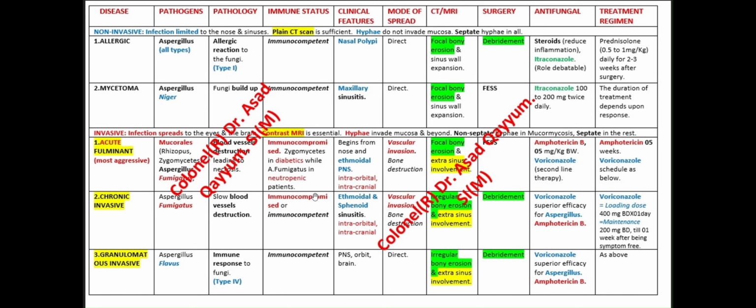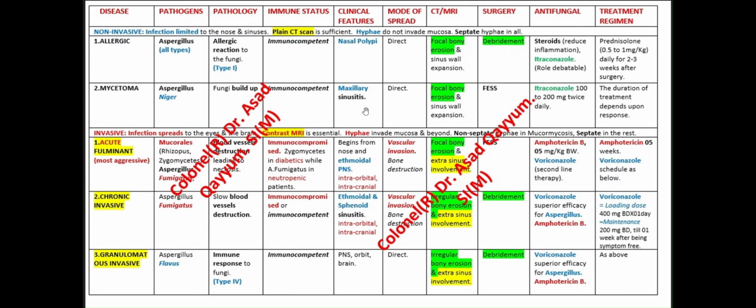In chronic invasive type, the patient can be either immunocompromised or immunocompetent, and granulomatous disease is seen in immunocompetent people. Now, coming towards the clinical features, allergic disease will present itself as nasal polyps.